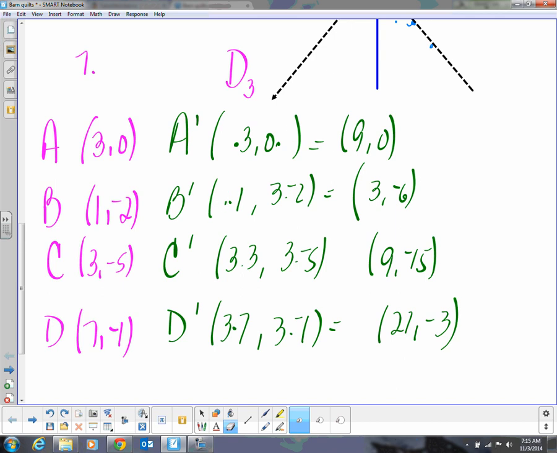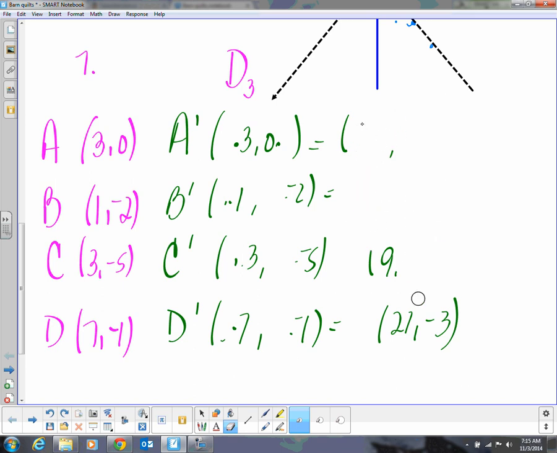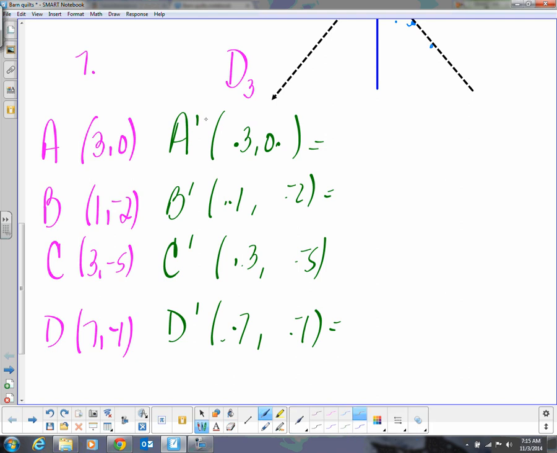It's real easy to fix because what will each one of these 3's change to? The 0, 0 is your origin. What's your scale factor? 2 over 3.